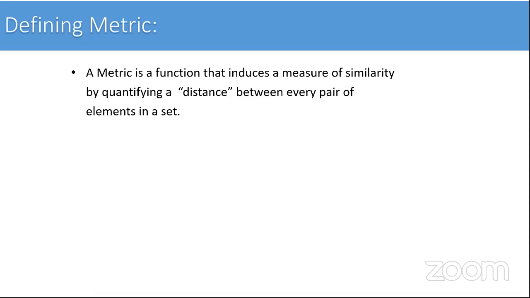And we want to establish the distance between the points. So we need to define what is distance in that feature space. And by defining a distance metric, we will be defining the measure of similarity between those points.